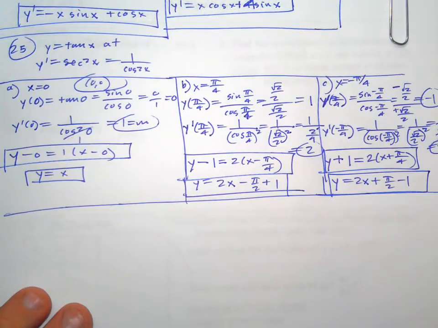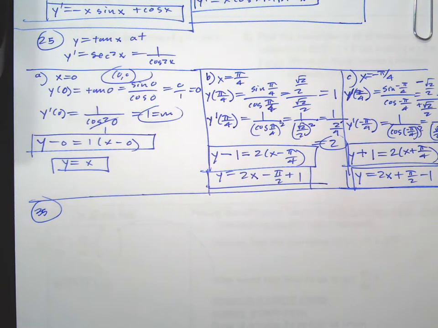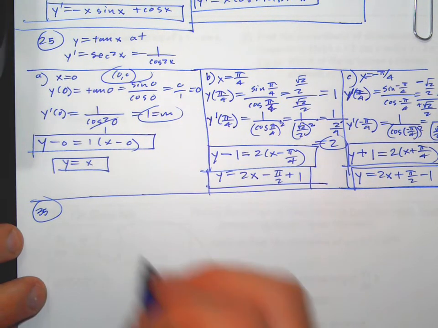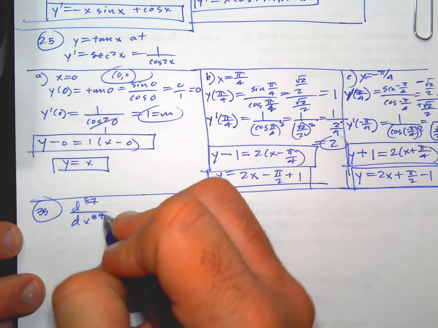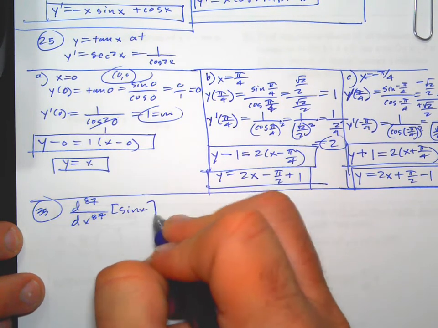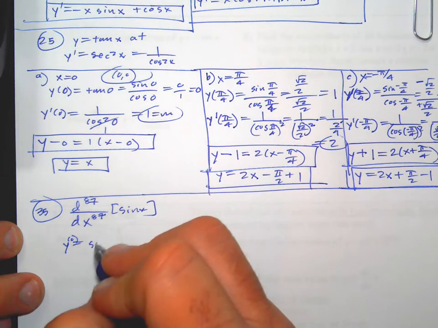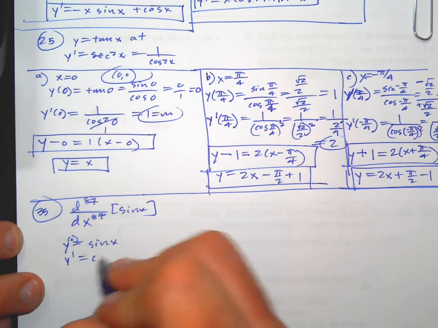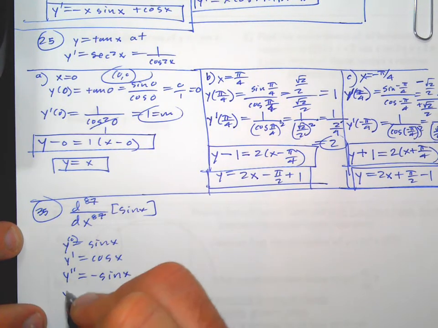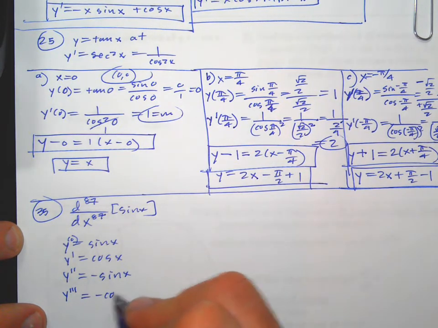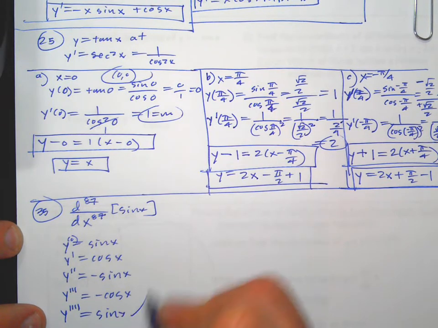All right. What's the problem? 35 says, make a conjecture about the derivative by calculating the first few derivatives and observing the resulting pattern. So they want the 87th derivative of sine x. Okay, well, the 0th derivative is sine x, y prime is cosine x, y double prime is negative sine x, y triple prime is negative cosine x, y to the 4th is positive sine x, and we're back to the beginning.